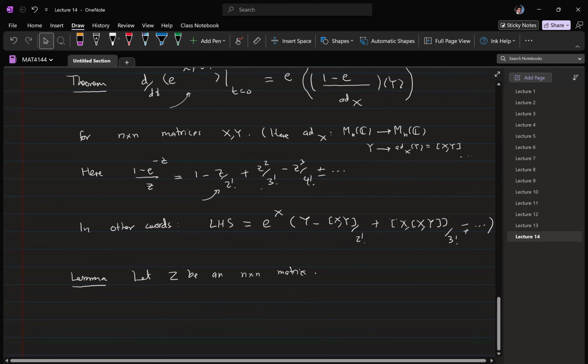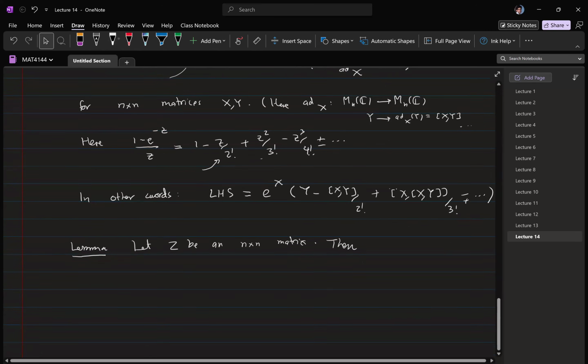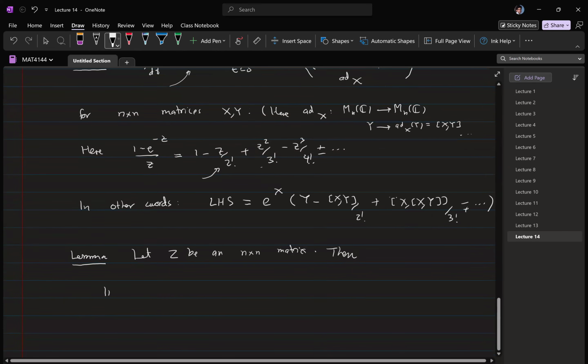Then the limit of the following sum, which is the identity plus e to the minus Z divided by m plus e to the minus 2Z divided by m plus and so on, plus e to the minus (m minus 1)Z divided by m.